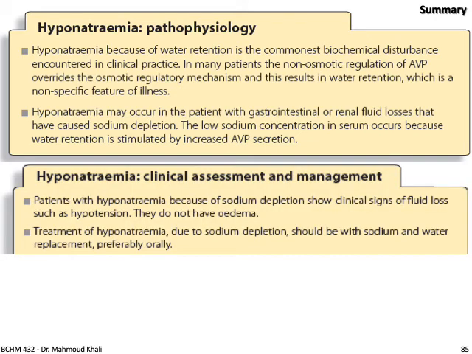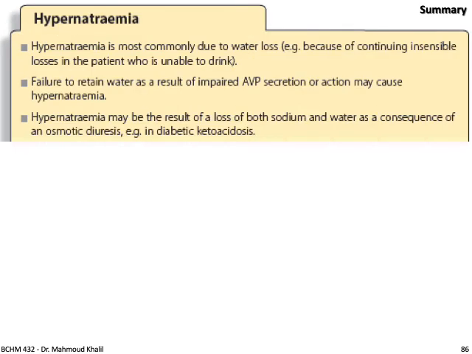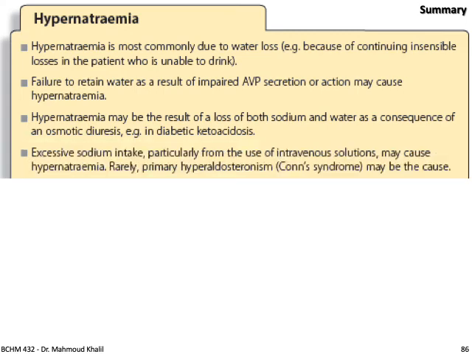This summary shows the clinical assessment, measurement and management, and how the condition is treated. As well, you can see this is a summary of what we have said about hypernatraemia.